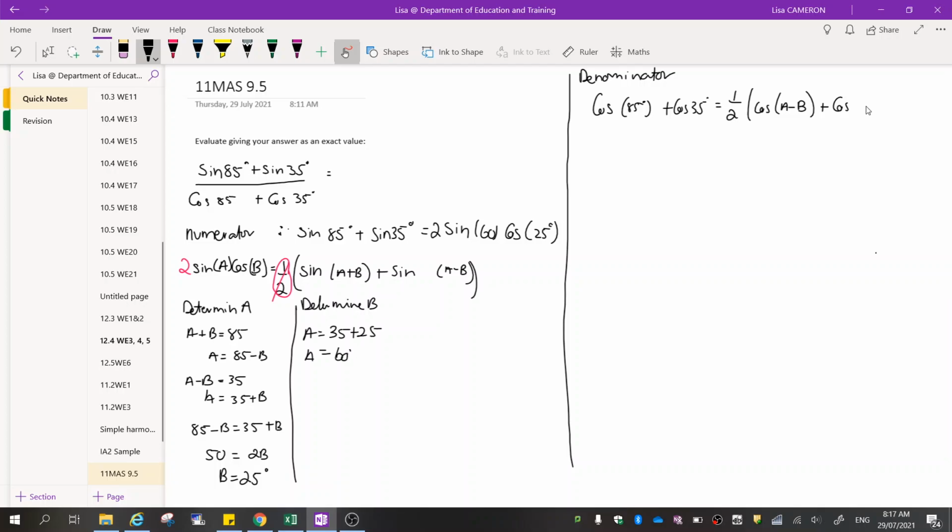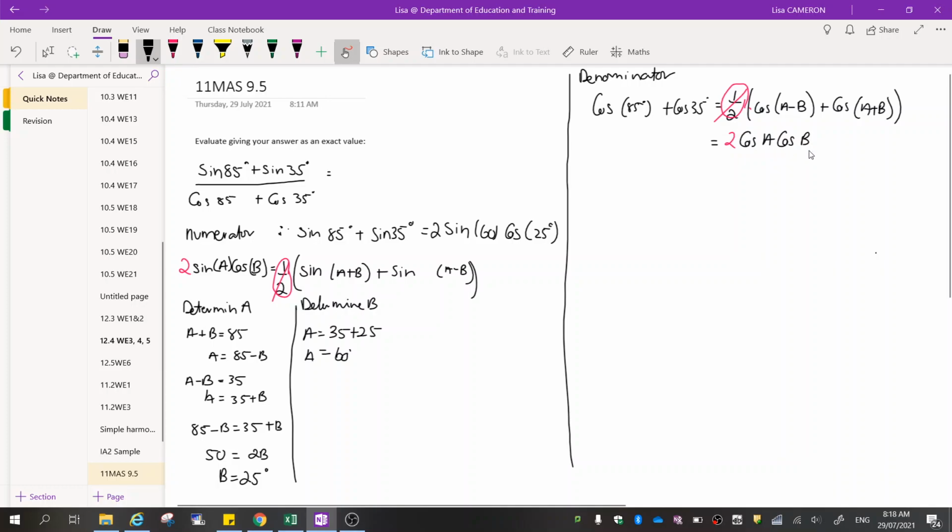Plus cos A plus B bracket, and that is equal to cos A cos B. Now to get this the same as it's written here, I'd have to move this to the other side. So I'm going to take that across by multiplying the other side by 2.